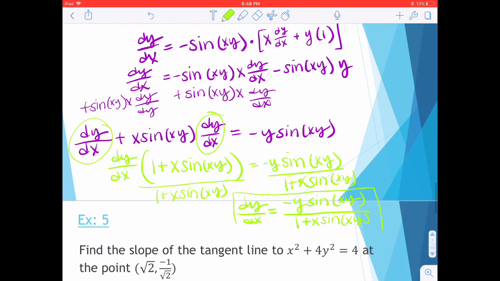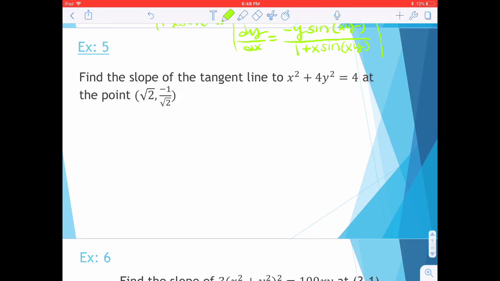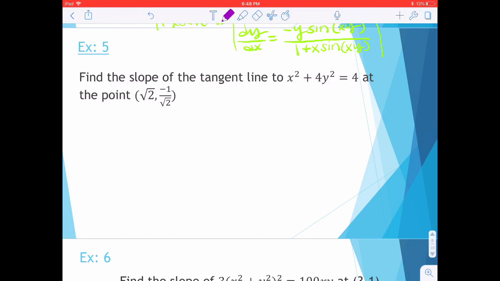Okay, number 5. Example number 5. Let me change my color. Okay, so find the slope of the tangent line to x squared plus 4y squared equals 4 at the point (square root 2, negative 1 over square root 2).